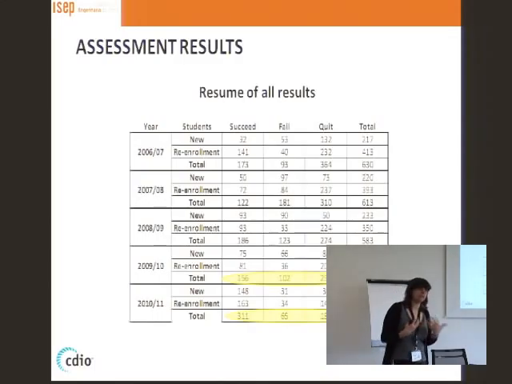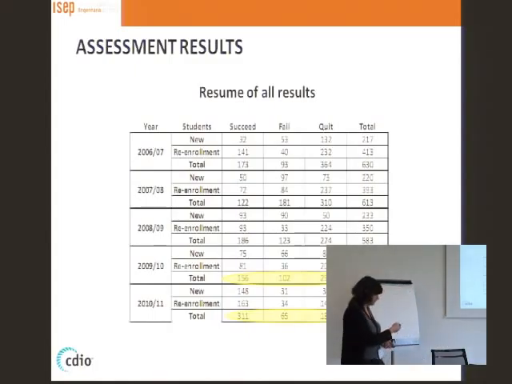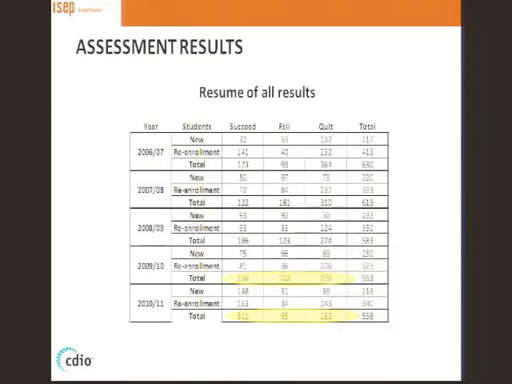So this kind of class motivates the students, and the number of students who succeed doubled, from 150 to 300. So I thought this method not only for these results, but more for the students who didn't quit.